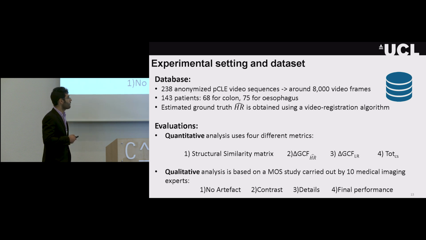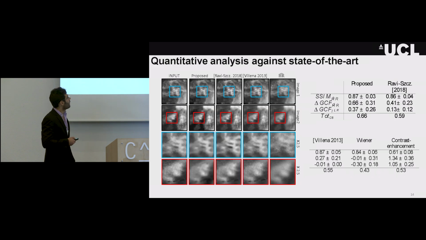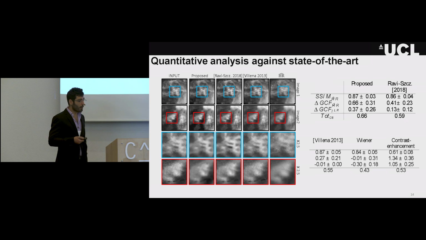For the user study, instead, we asked 10 medical imaging experts to evaluate 20 images each and assign a score on 4 different questions. The first experiment was to compare our approach with other state-of-the-art solutions that are both supervised and unsupervised. And we show that our approach provides the best total score.